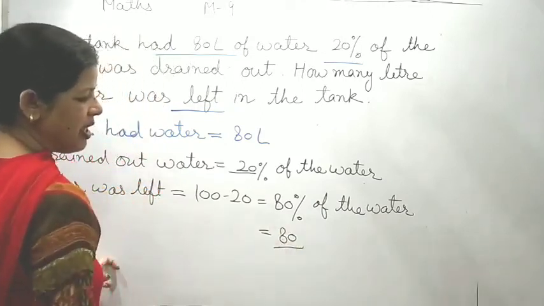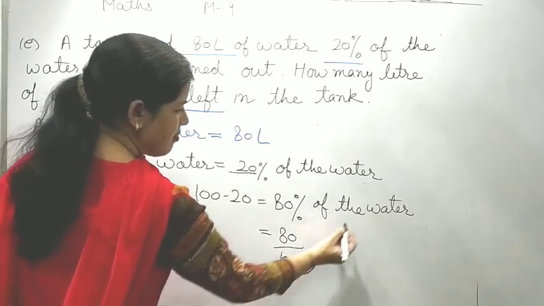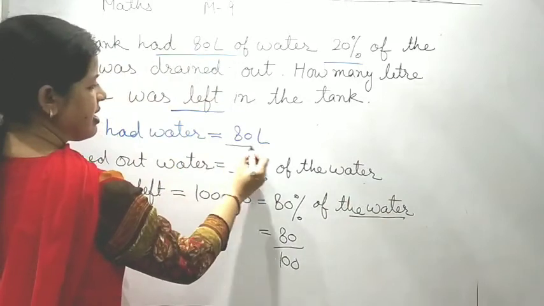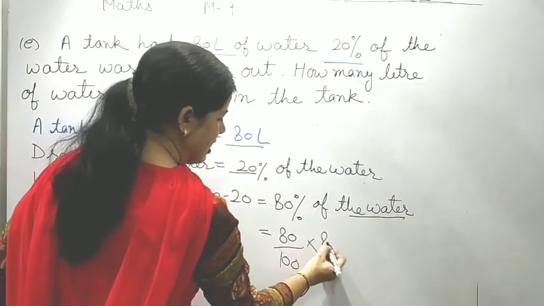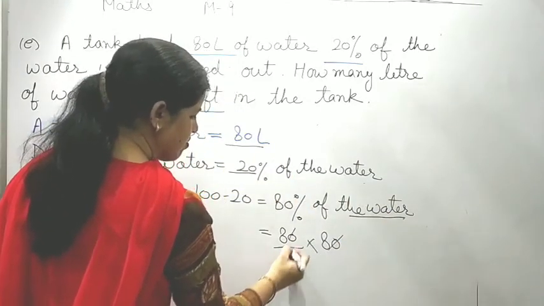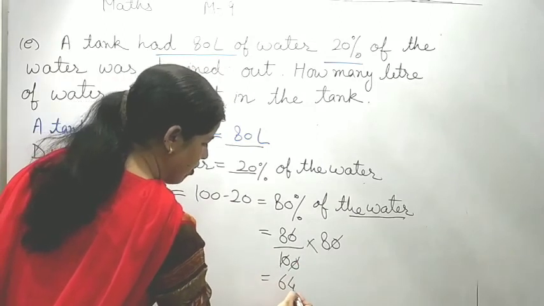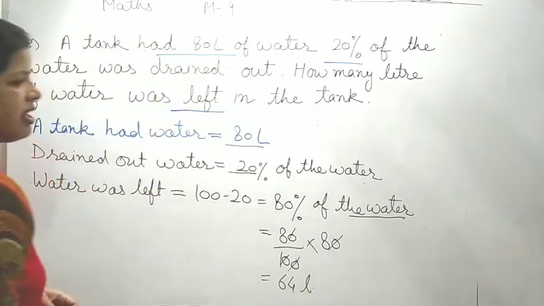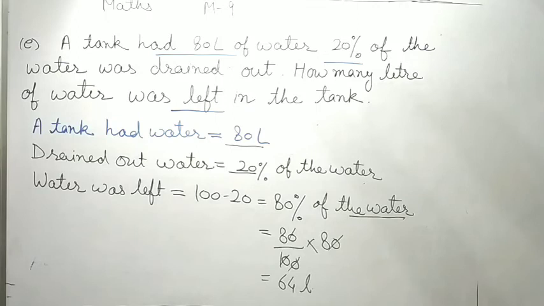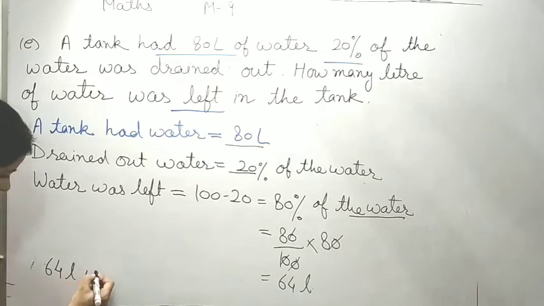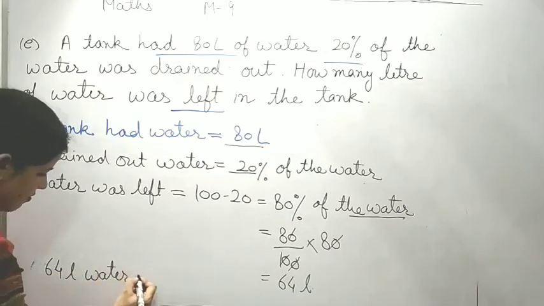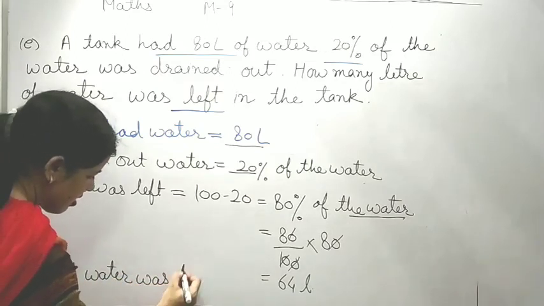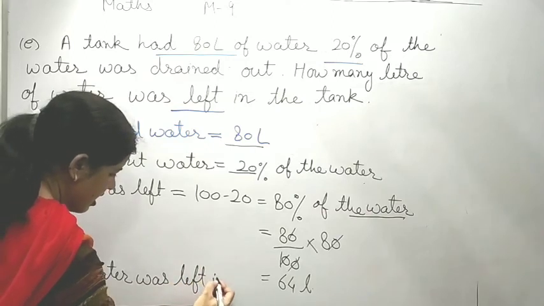Now here you remove the percentage, write down 80. Now cut 0 from here and it is equivalent to 64 liter of water. So this one is the answer. Right everyone? And here you write 64 liter water was left in the tank.